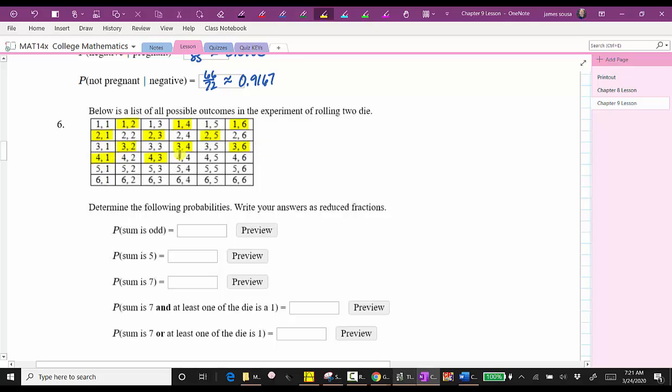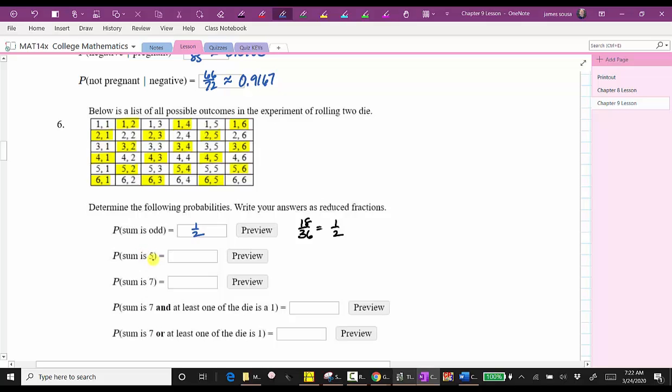Notice how there's a pattern in the odd sums. And half of these sums are odd, which means there are 18 favorable outcomes out of a total of 36. 18 divided by 36 as a simplified fraction simplifies to 1/2. We enter 1/2.